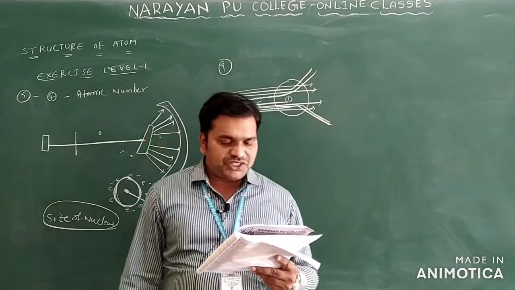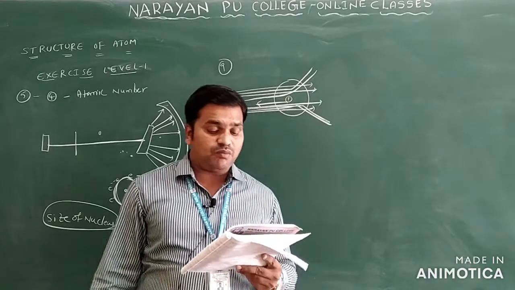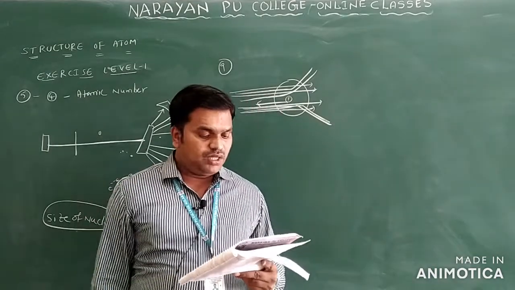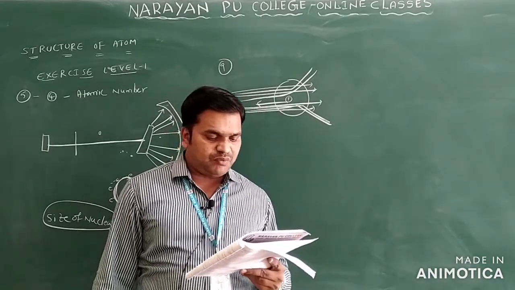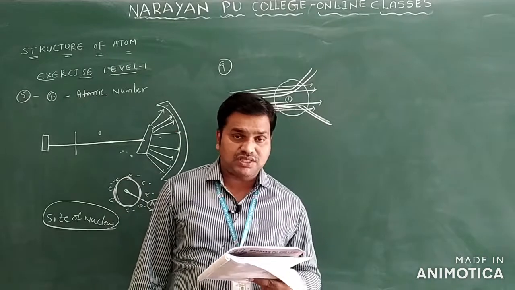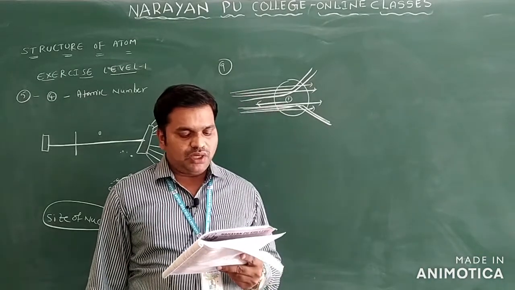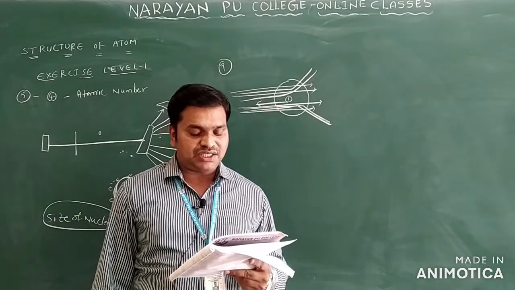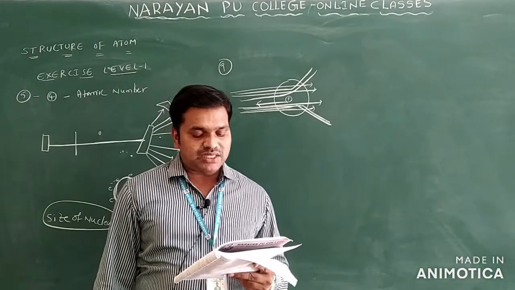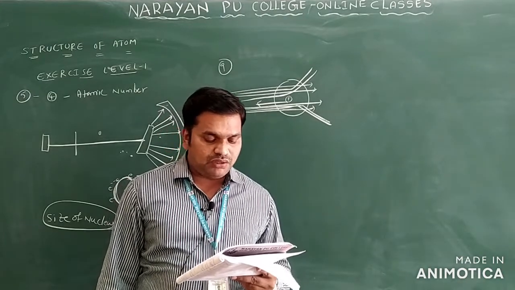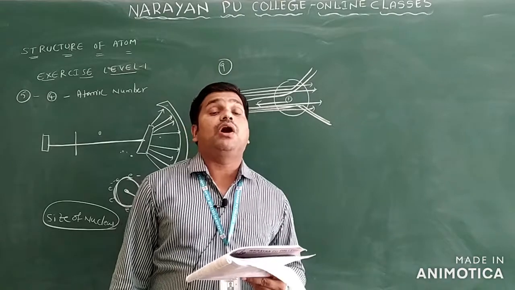The options: the force of repulsion on the moving alpha particle is small; the force of attraction on the alpha particle by the oppositely charged electrons is very small; there is only one nucleus and a large number of electrons; and the nucleus occupies a smaller volume when compared to the volume of the atom.